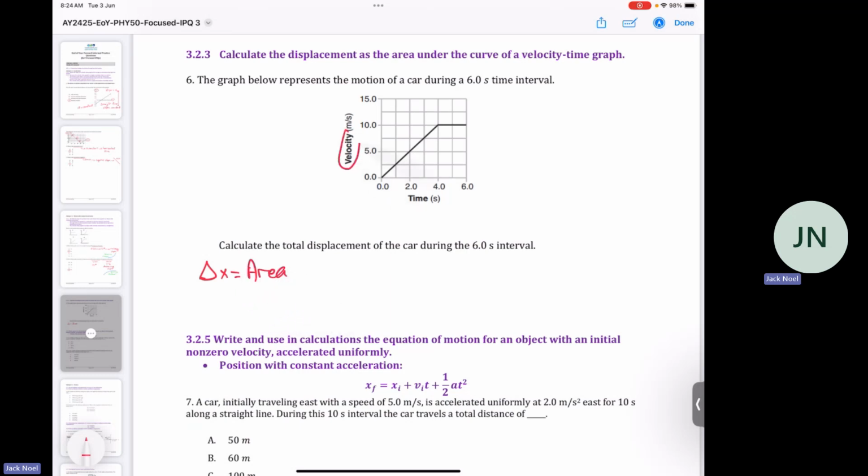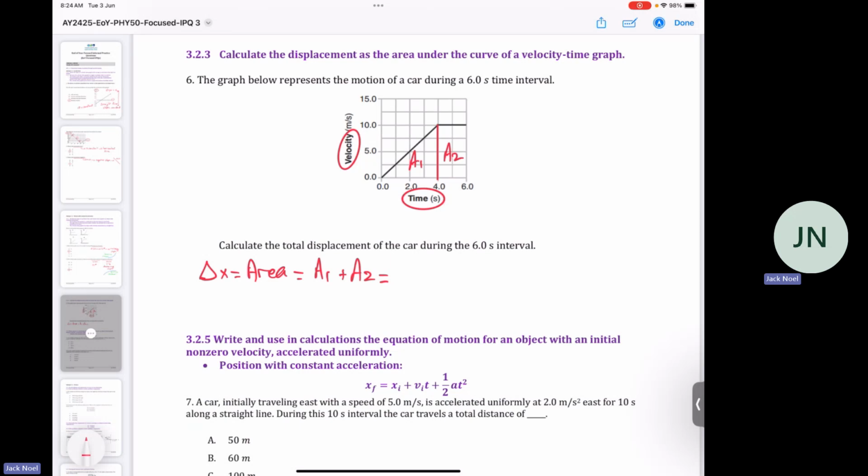We have to know that when we have a velocity versus time graph, the area under the graph is equal to the displacement. But here I'm going to be cutting the graph into two parts, area 1 and area 2. So we have area 1 plus area 2.